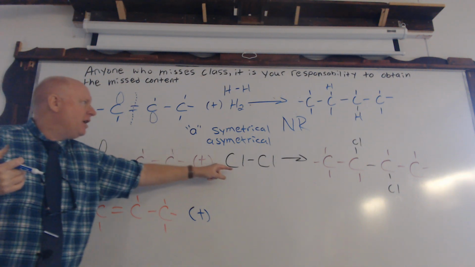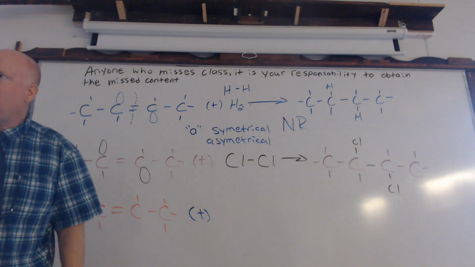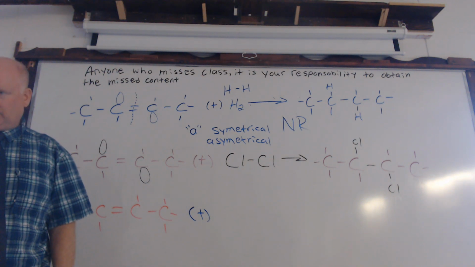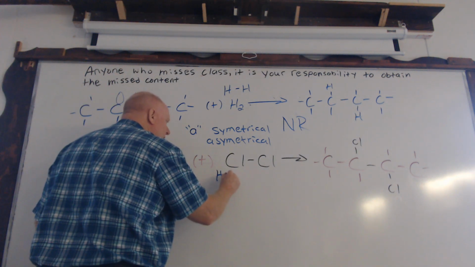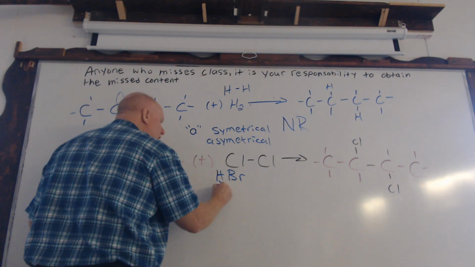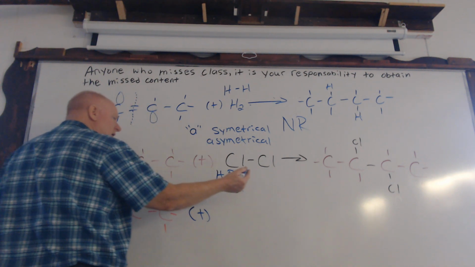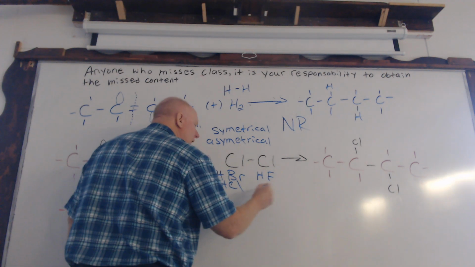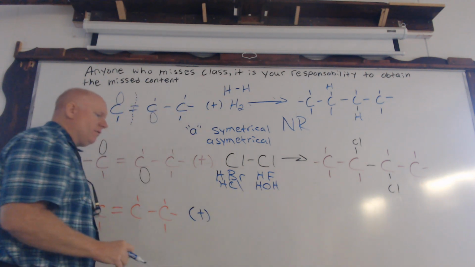Because if this is symmetrical where it's the same on both sides, what might be something that's not the same on both sides? H and then Cl. Yeah, you could do this one. You could do this one. Not going to do the same thing, just like you said, H and Cl. You could also do that one, and then this is also an asymmetrical reagent.